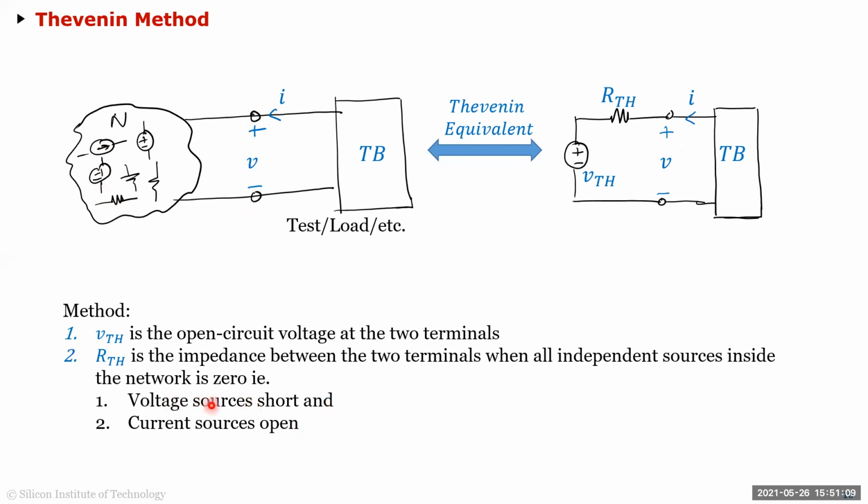All independent sources zero means voltage sources are shorted, current sources are open, just like what I did in the previous example. When I was doing superposition, I made the voltage source short and the current source open in one case, and applied the current source and made the voltage source short in the other case. That's because I'm making independent sources zero at one time and adding the other independent source.